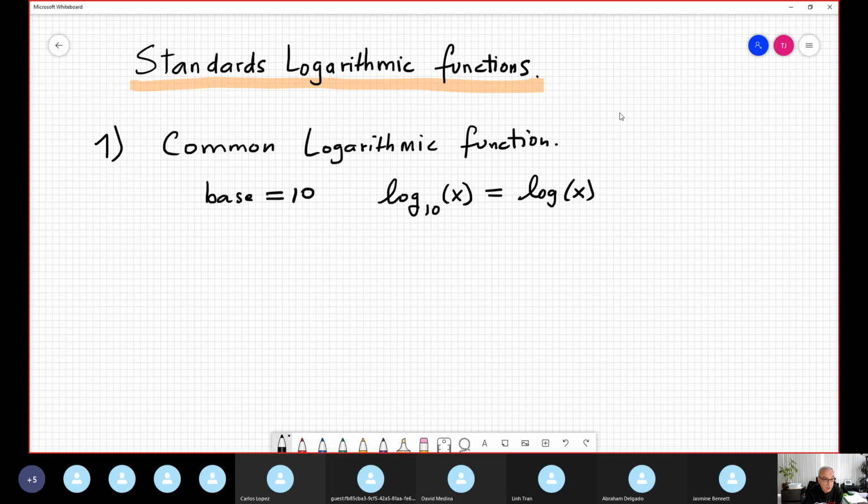Okay, now we have another. This is used in calculus because it has a specific property that is most convenient in calculus. It's called the natural logarithm.